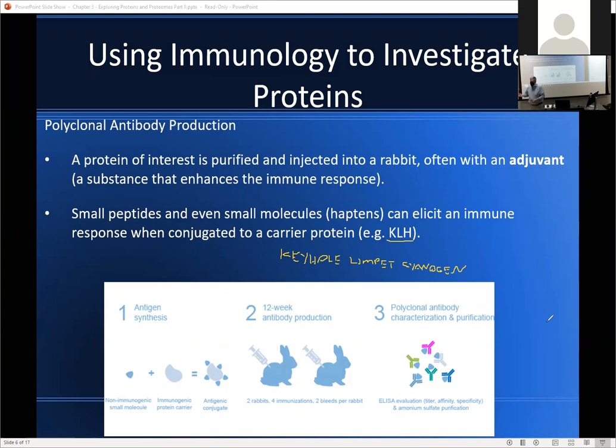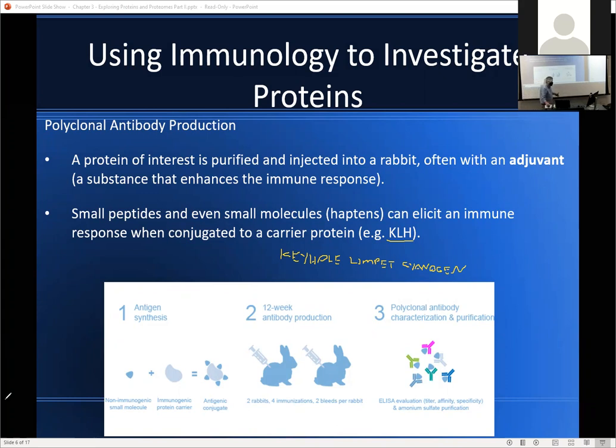extremely immunogenic. Okay, so if our protein is small, not very immunogenic, we can covalently conjugate it to a carrier protein like KLH, and KLH will make it more immunogenic so that we can get an immune response against it. Okay, so we can do this with small proteins.